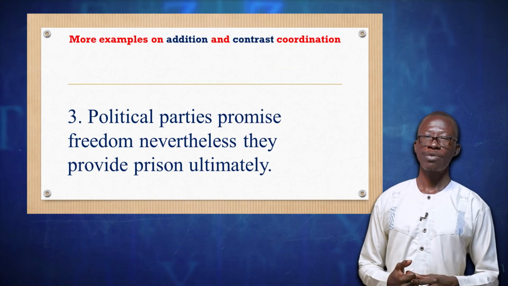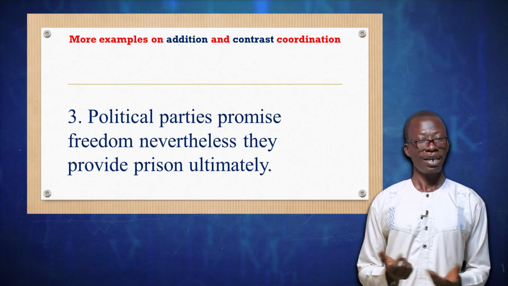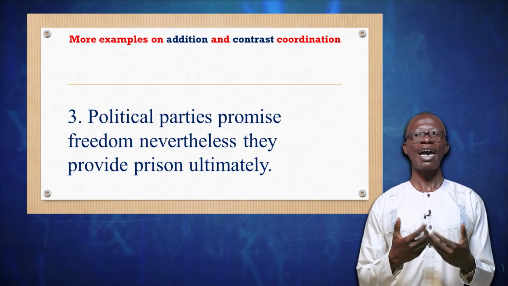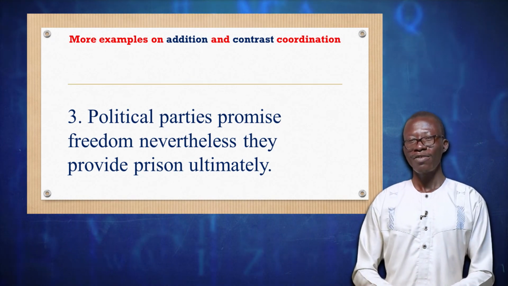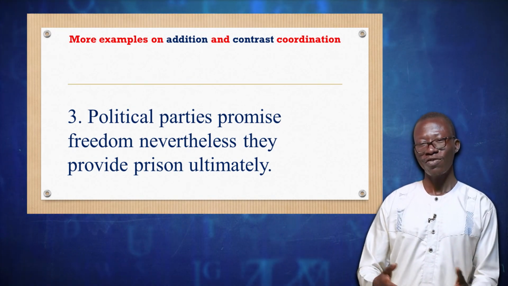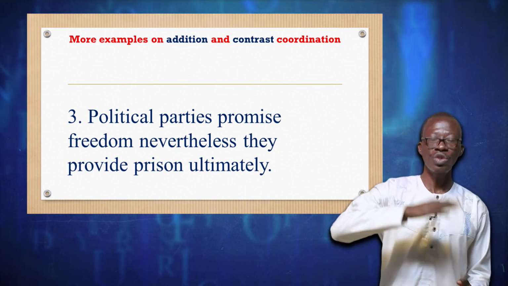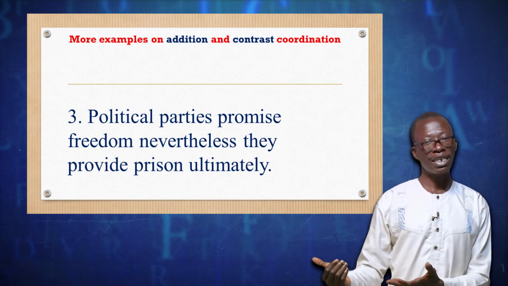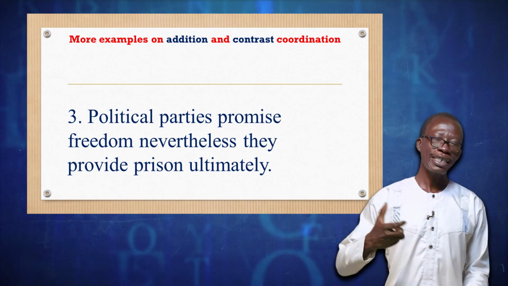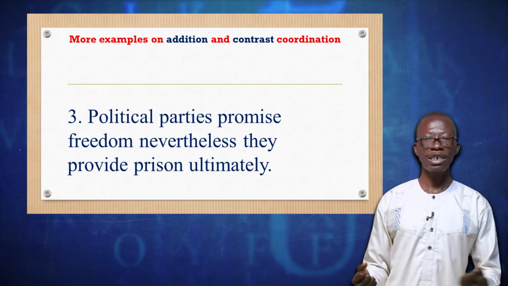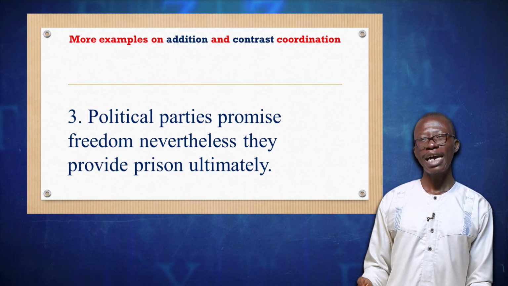The political parties promise freedom. Nevertheless, they provide prison ultimately. It is expected that anyone who promises to give you freedom, when the time arrives for the freedom to be granted, it should be granted to you. The person shouldn't do the reverse. But this is a case where the expected outcome of the action of promising freedom doesn't happen.